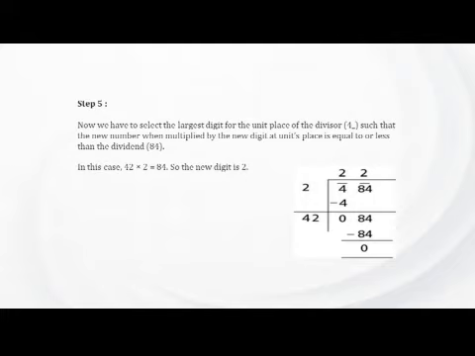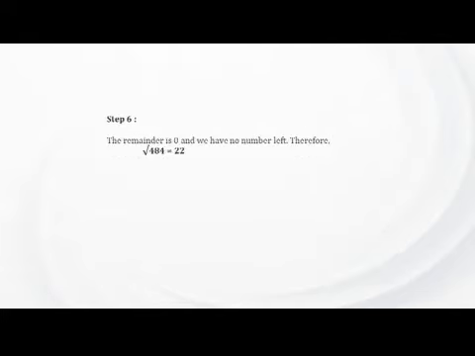In this case, 42 × 2 is equal to 84. So, the new digit is 2. Step 6. The remainder is 0 and we have no number left. Therefore, square root of 484 is equal to 22.